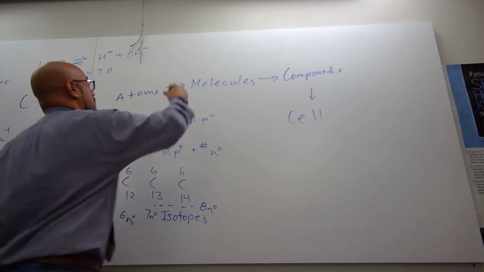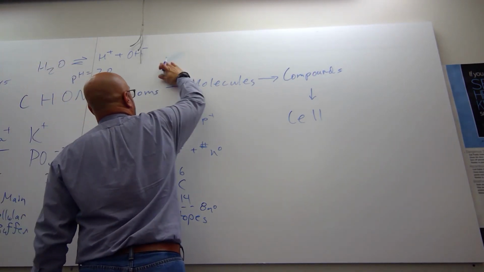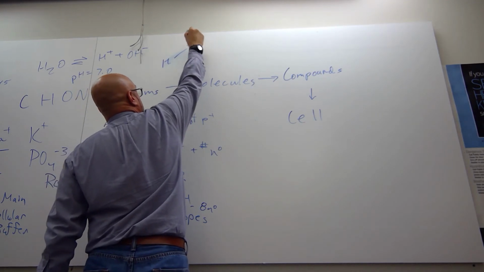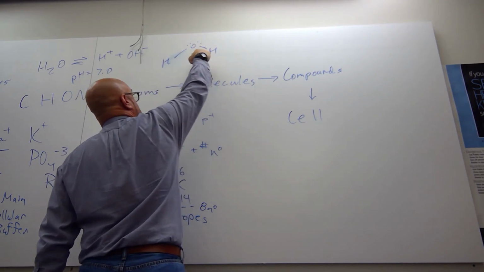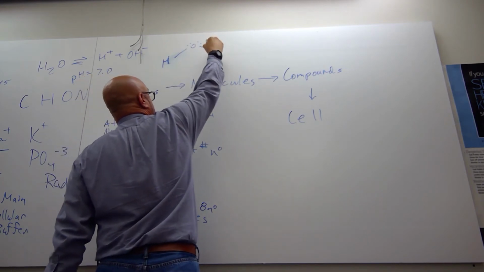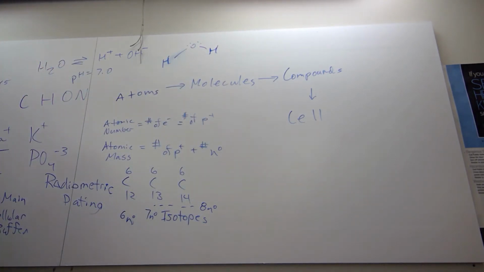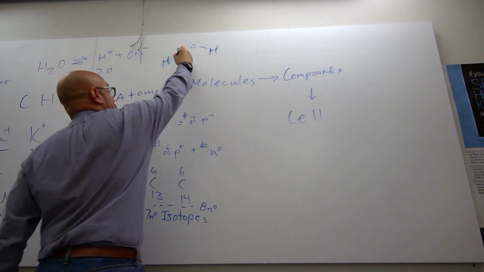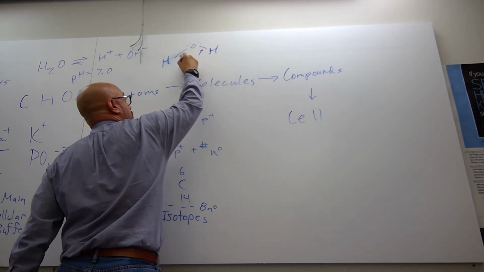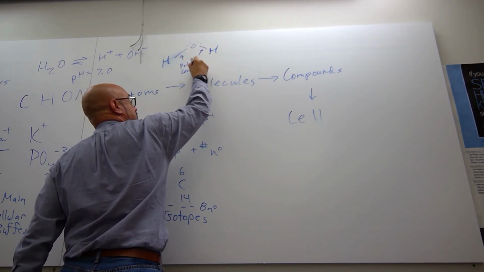Two, it has a bent structure, and its ability to pass through the membrane is key to life itself. You understand, guys? So water will always move in and out of the membrane because it's small and for the most part non-polar, even though the bonds are polar covalent in nature. Each one of these bonds is polar covalent in nature.